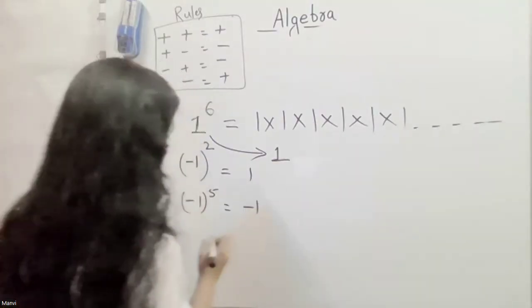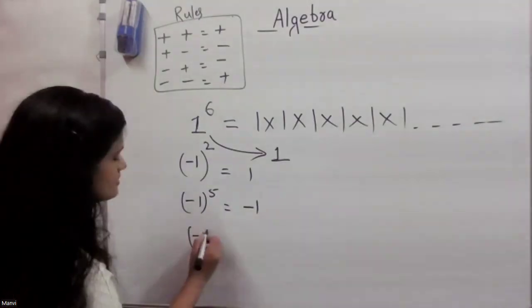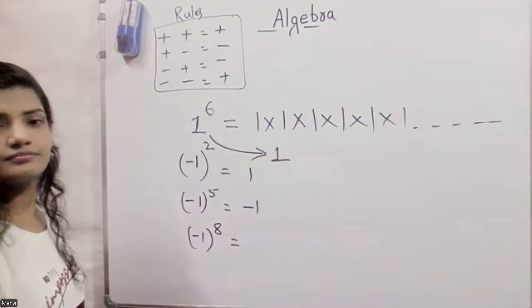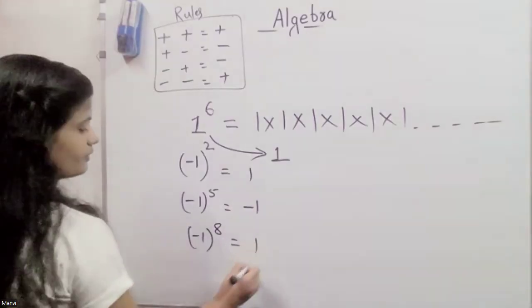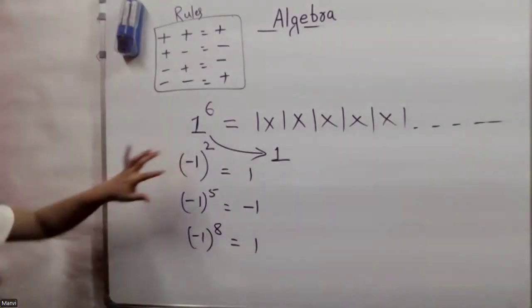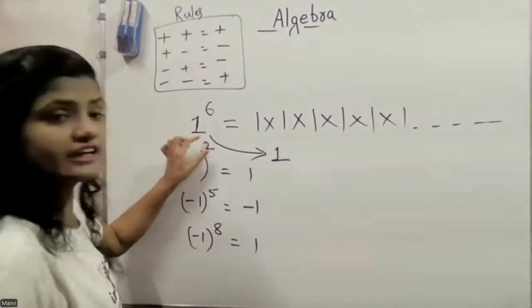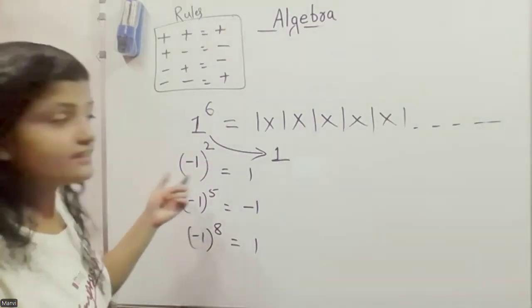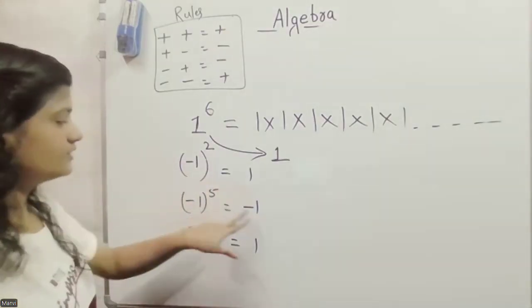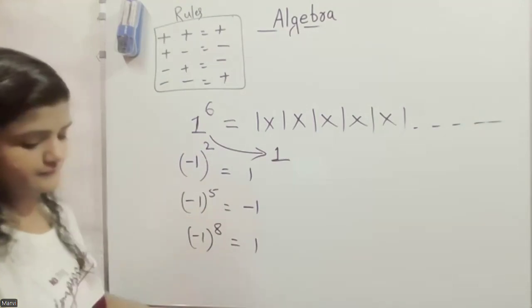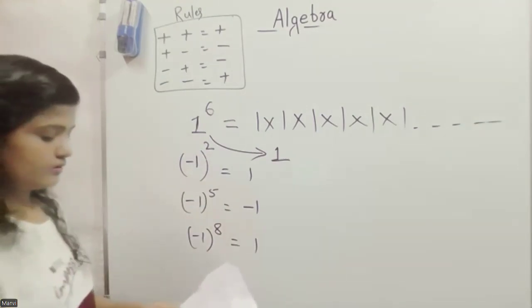Very good. And what if this is 8? It'll be just 1. So when we have this minus 1, we just need to see this power. If this is even, then the answer is positive. If this is odd, then the answer is negative. Simple rule. Okay.